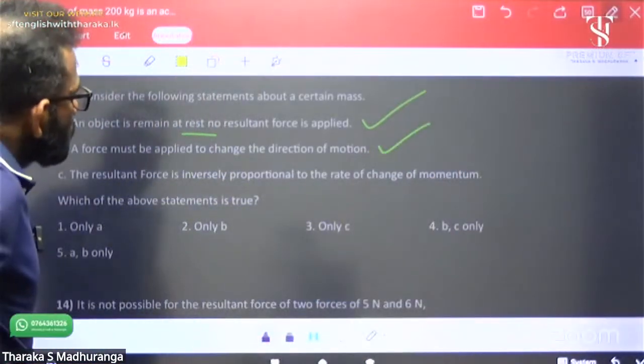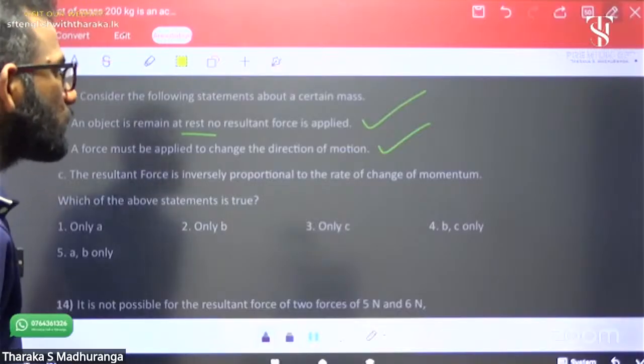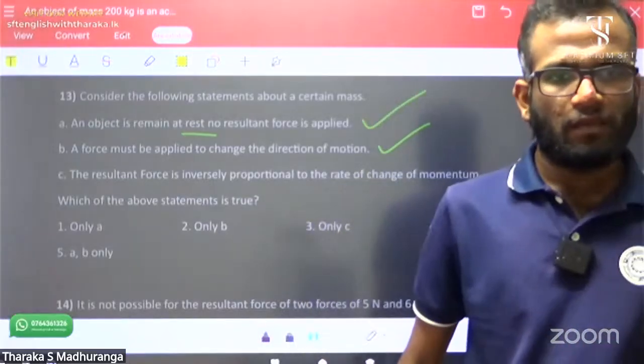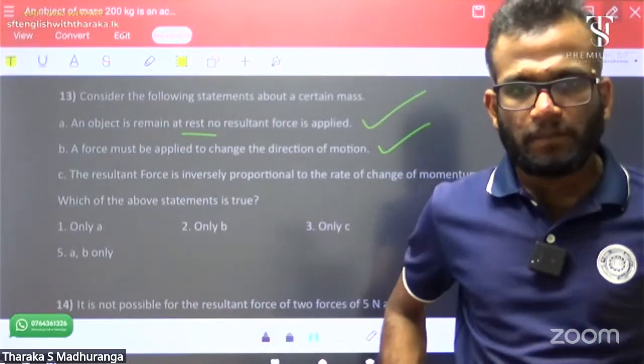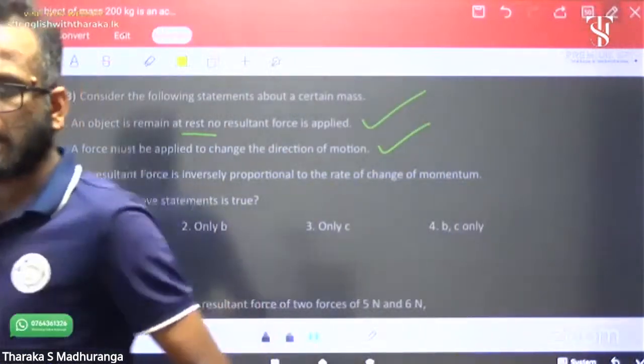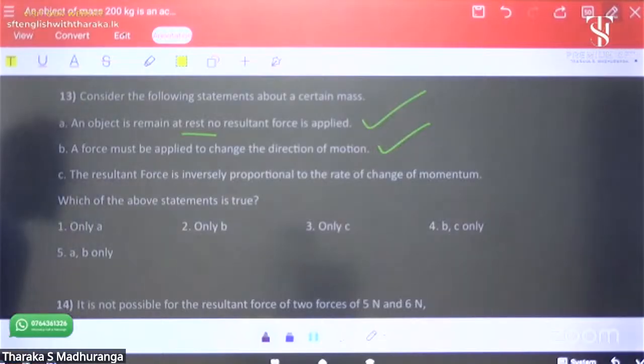The resultant force is inversely proportional to the rate of change of momentum. Okay, what do you think? Final point. Dihini, is it correct?